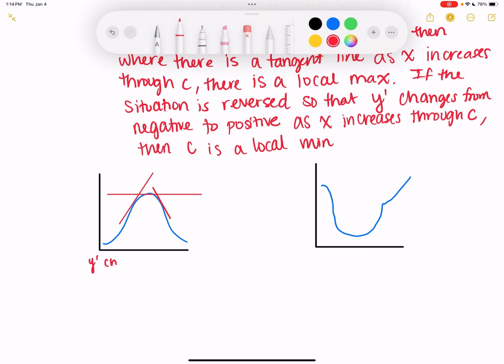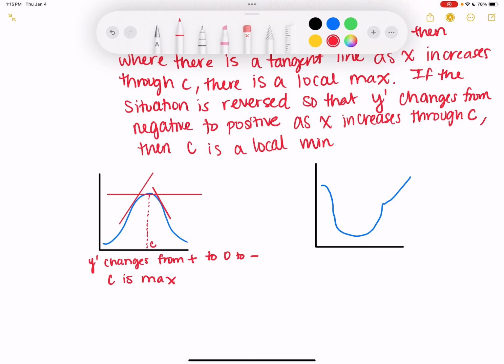Y prime changes from positive to 0 to negative. So c is a max, and c would be right here in the middle. The tangent lines are kind of like the graph of the derivative almost. So it's going positive, 0, and then negative, and that's where they're getting that from.